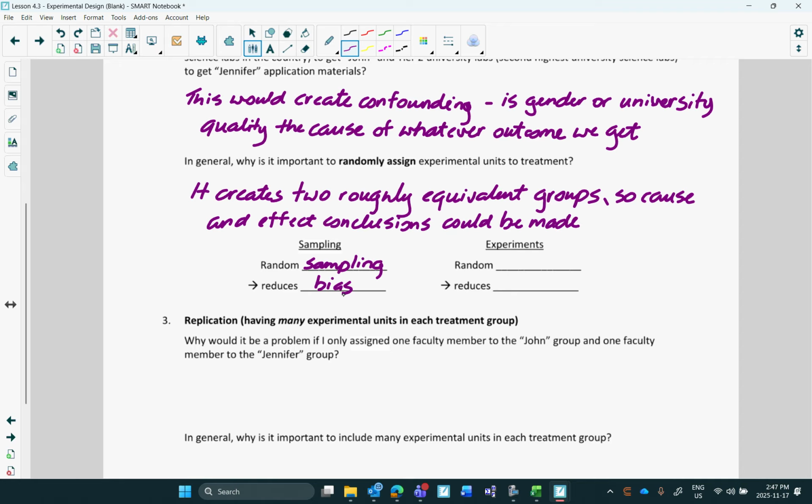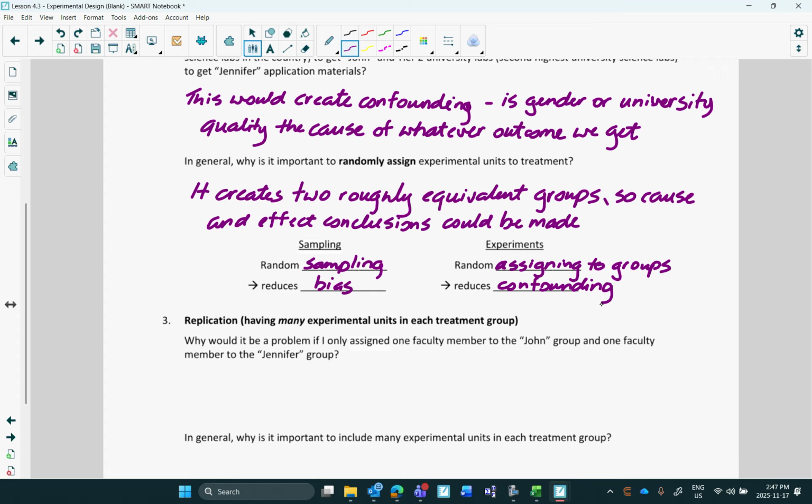Random assigning in an experiment, random assigning to groups, reduces confounding. So that's the second factor.